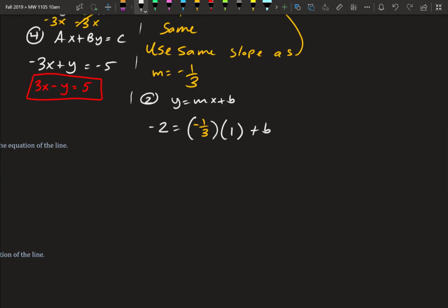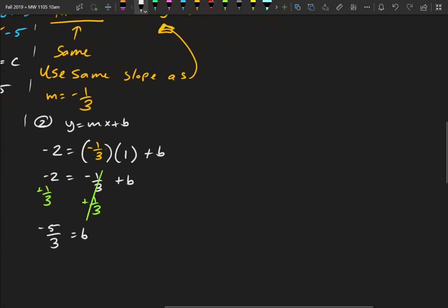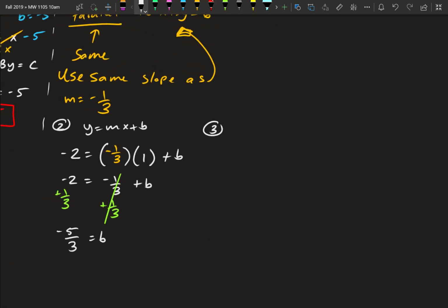And then we're going to simplify. So negative 2 equals negative 1/3 plus b. Let's go ahead and add 1/3 to both sides. So negative 2 plus 1/3 is negative 5/3. And that's our b.